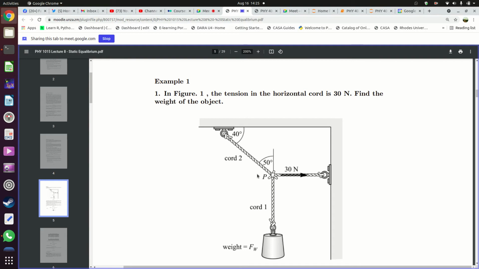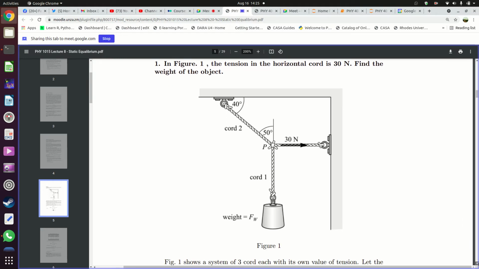If I put an XY axis here, it becomes obvious that this 30 newton rope can act as my positive X axis, and the other things just fall in place so that I can easily measure angles. You have a choice of where you want to start measuring your angles from, and once you make that choice, you stick to it.